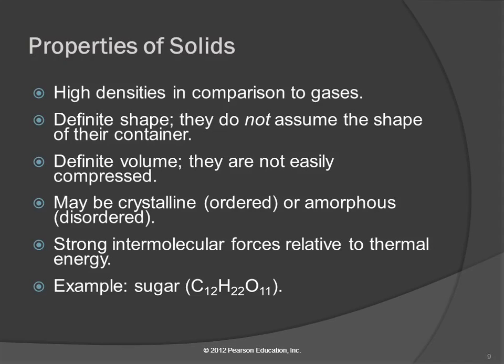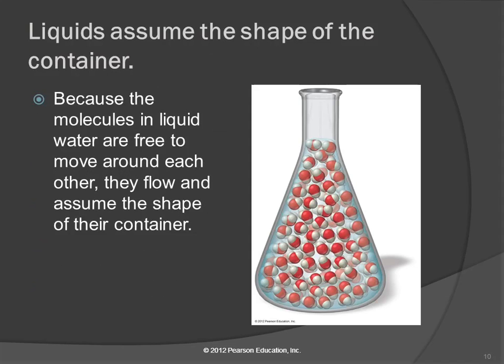They're not going to sit in rows. But if you give them one of those fancy carpets with the circles and you tell them to sit on a circle, then they'll be ordered and in rows, and that would be crystalline. So they have strong intermolecular forces relative to the thermal energy. An example is sugar. Sugar's a solid at room temperature. C12H22O11. Big molecule.